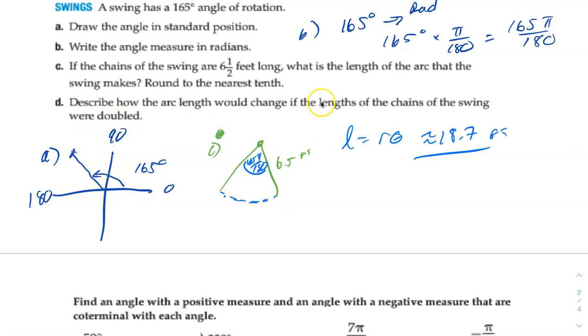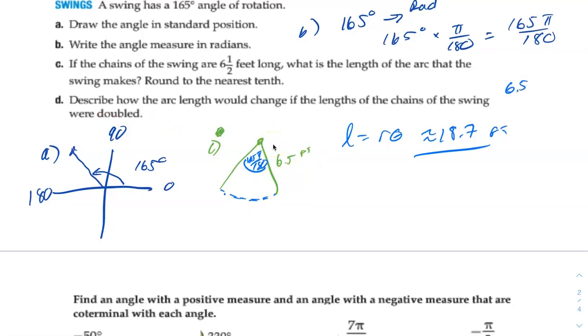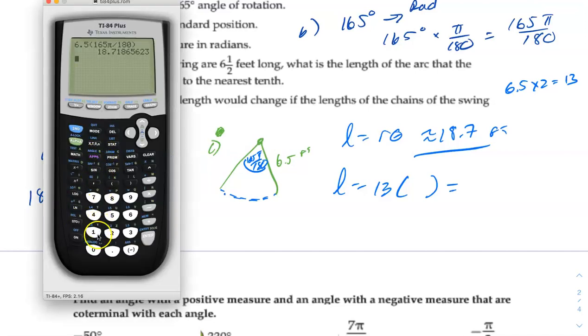Describe how the arc length would change if the lengths of the chains of the swing were doubled. So they're going to double this. 6.5 times 2 would be 13. So now it would be 13 times the same angle. I think this doesn't double the answer, but we should double check. Actually, it's definitely just going to double the answer, right?